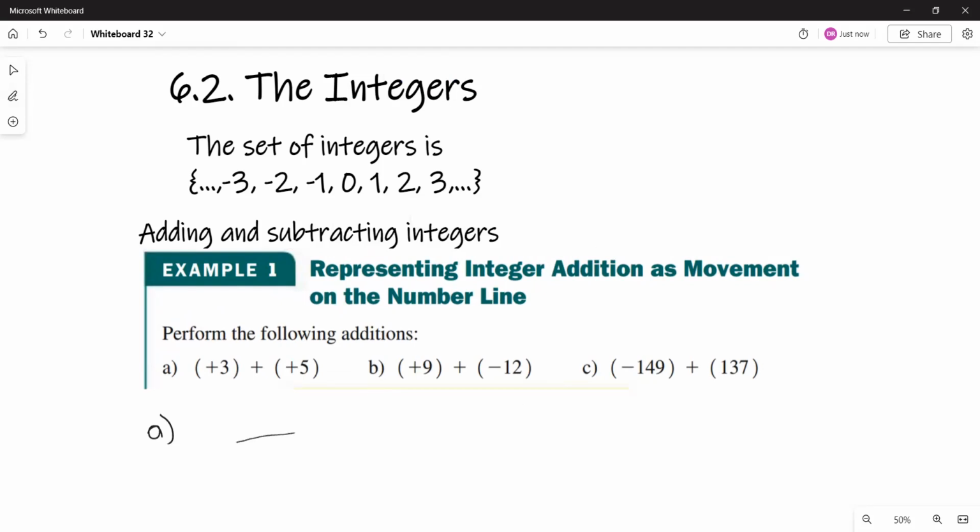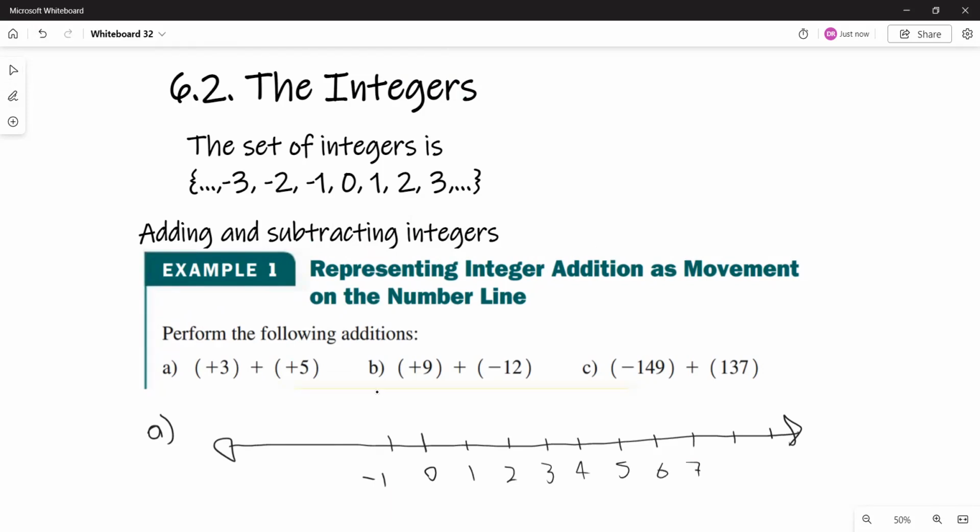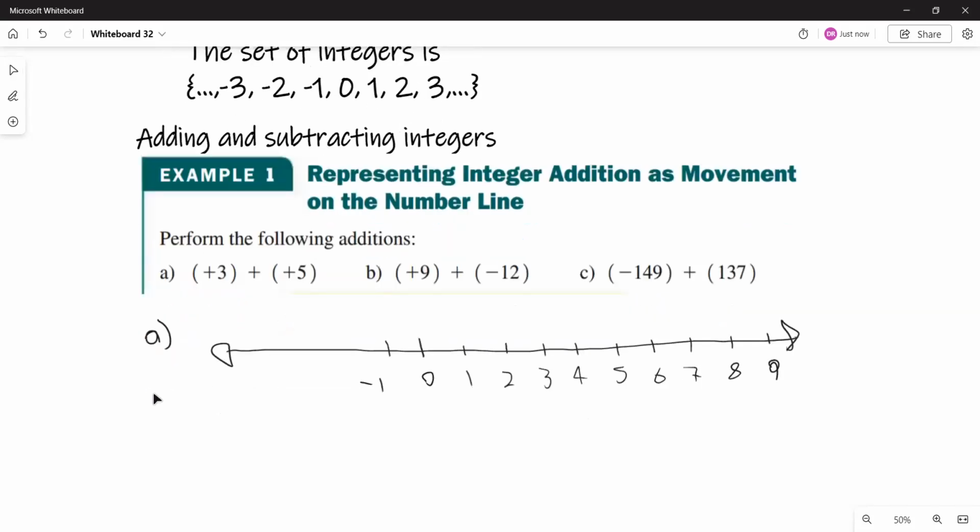Okay, so we have our number line, and our starting point is going to be 0. Okay, so +3 plus +5, +3 is going to be starting at 0.